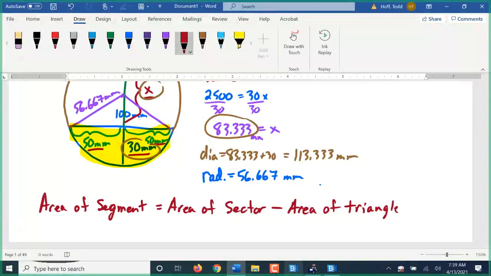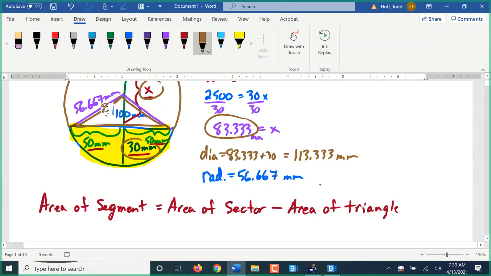Well, at this point, we can find the area of the triangle. The triangle is this shape right here. It's pretty easy to find.